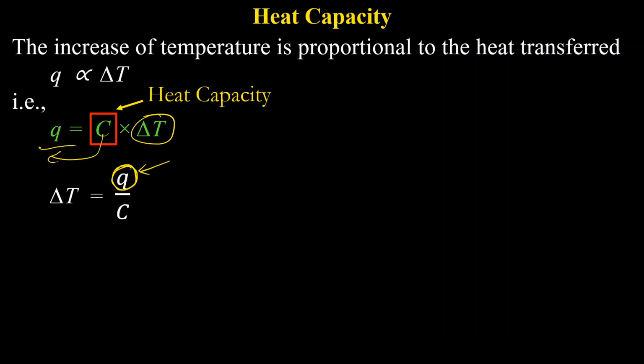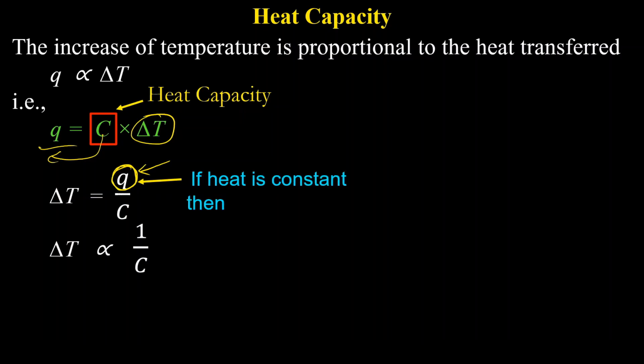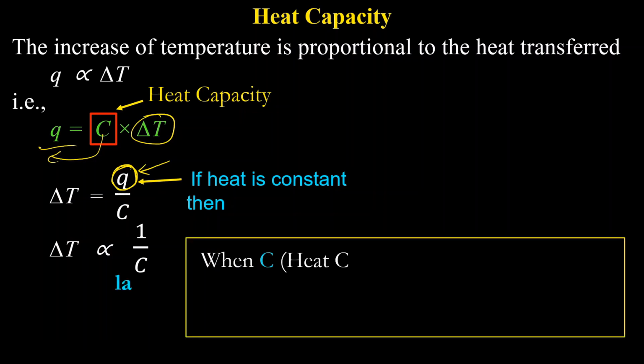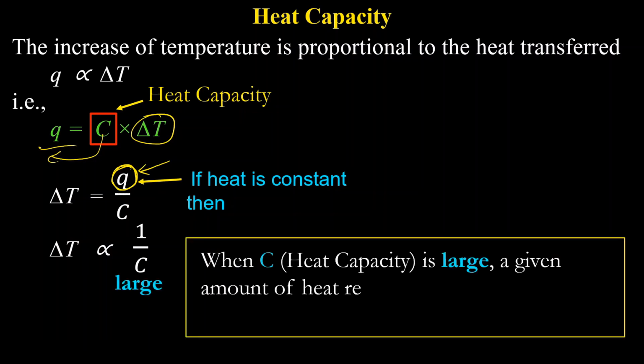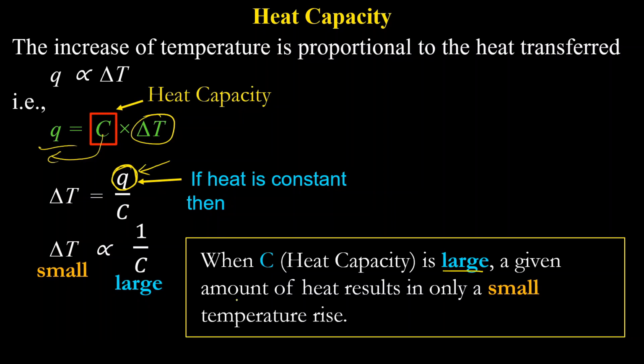In that case, we can say that if heat is constant, then delta T is inversely proportional to the heat capacity. So we say when C, that is heat capacity, is large, a given amount of heat results in only a small temperature rise. So if this is large, the delta T will be small. Questions directly based on this relationship will be asked.